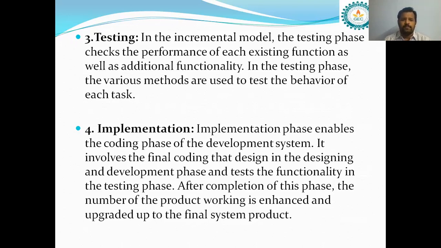And go for the fourth one, that is called implementation. The implementation phase enables the coding phase. That means the implementation phase is nothing but developing the coding of the development system. It involves the final coding designed in the design and development phases and tests the functionality in the testing phase.